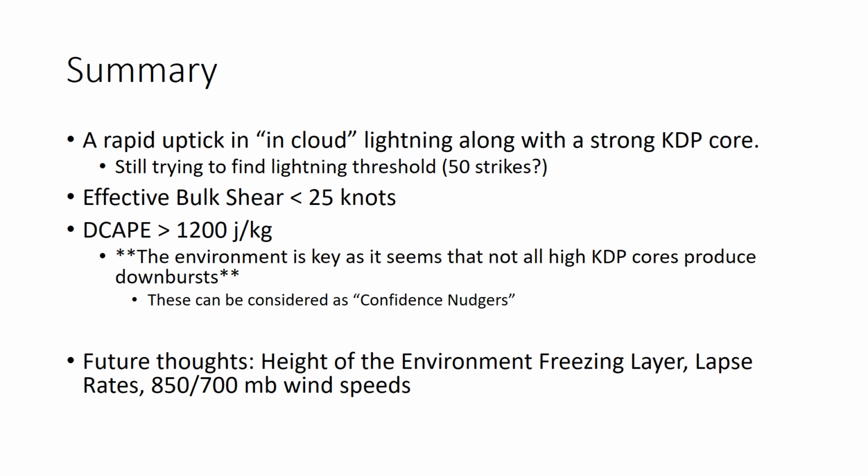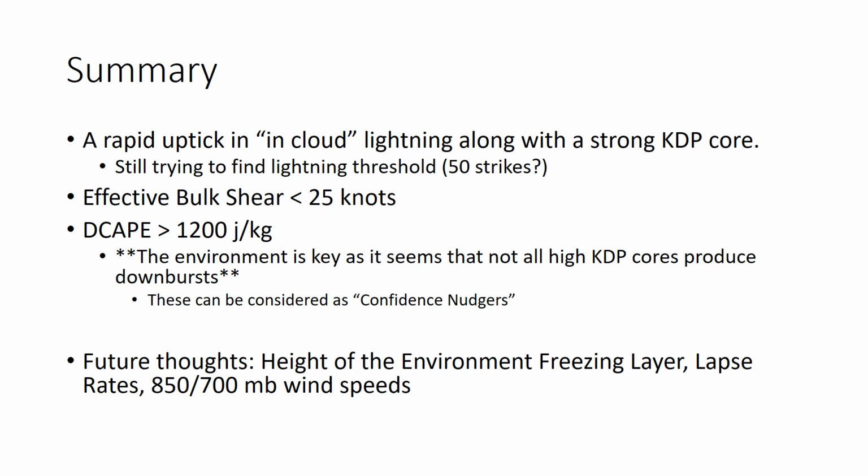And then these can be considered as confidence nudgers as well. So it is obviously not that if you see a high KDP core and a rapid uptick in the lightning in an environment that is very supportive, a downburst will occur. I say this as a confidence nudger.